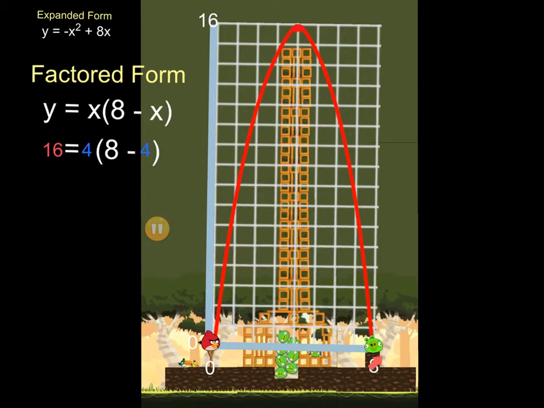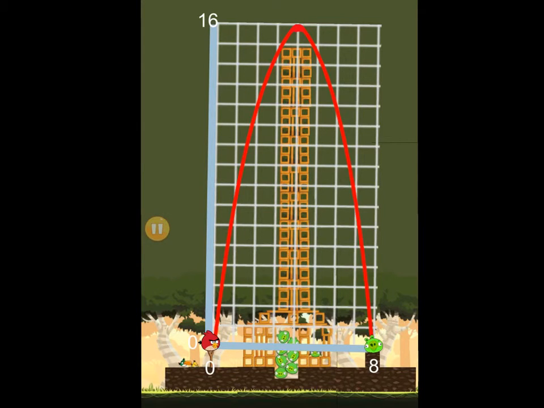So knowing the x-intercepts led me to the line of symmetry, which then gave me the x number to plug in to get my maximum point. Alright, pig, prepare to meet your demise.